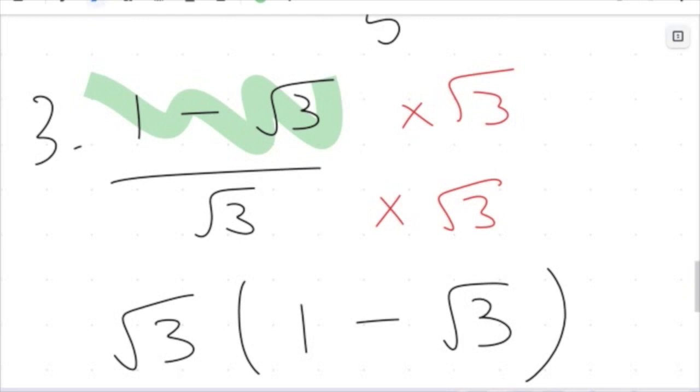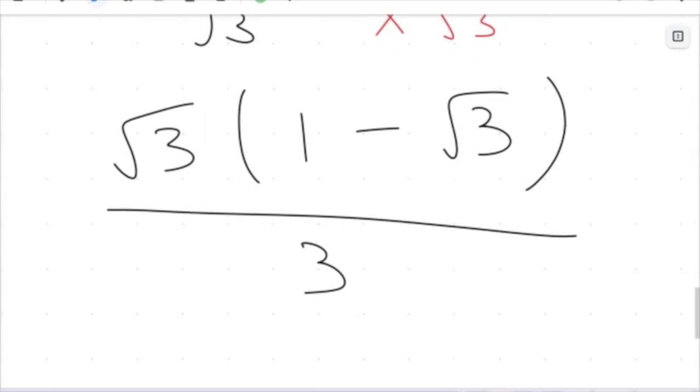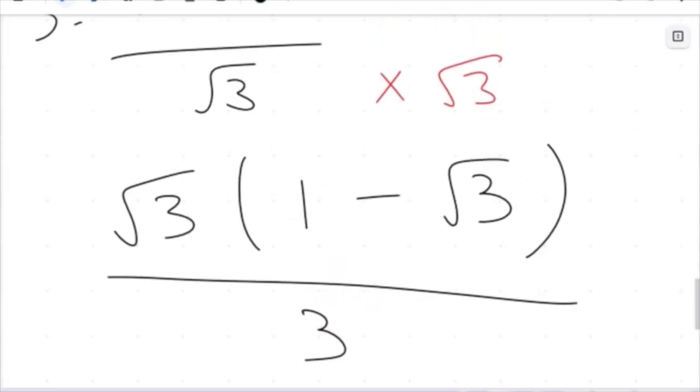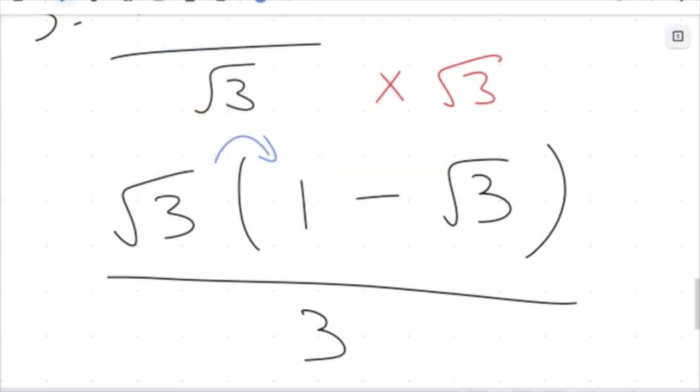We treat it like two terms in the same way we'd have, for example, x plus 2 when we did expanding brackets a while back. Now, root 3 times root 3 on the denominator gives me 3. And now I just want to expand the numerator via the distributive law.